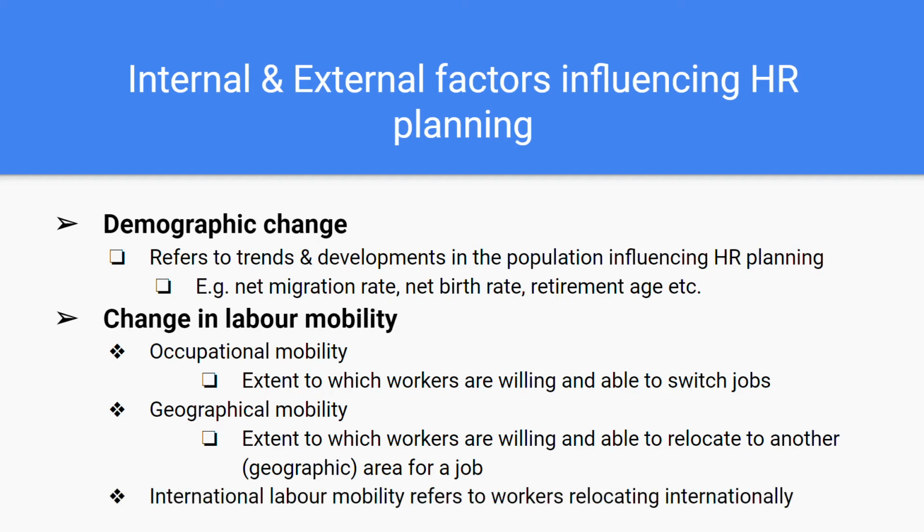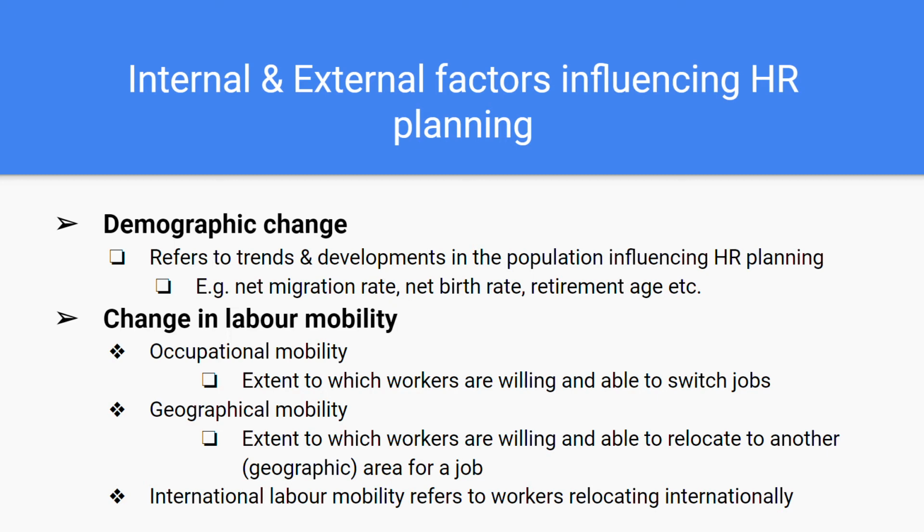And then the more extreme definition of geographical mobility is international labor mobility, which basically refers to workers relocating internationally, which is obviously way more difficult to get to that point where international labor mobility is very high.